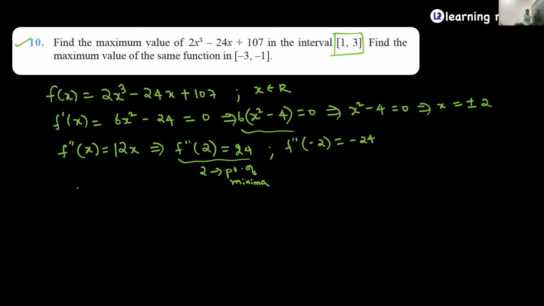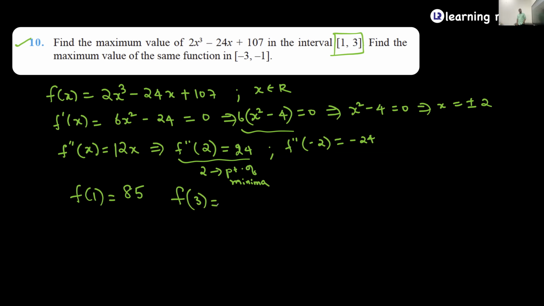We need to check what is f of 1. F of 1 is substituted here, 2 minus 24. So 2 minus 24 is minus 22, minus 22 plus 107. So it is going to be 85. Okay. What about f of 3? 2 into 3 cube. 3 cube is 27.